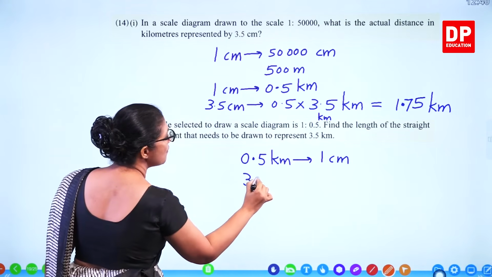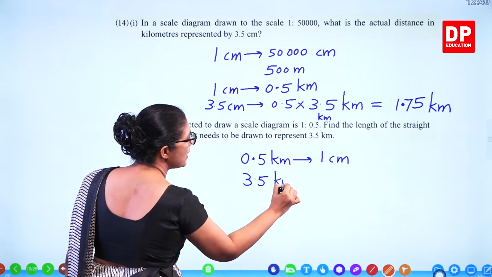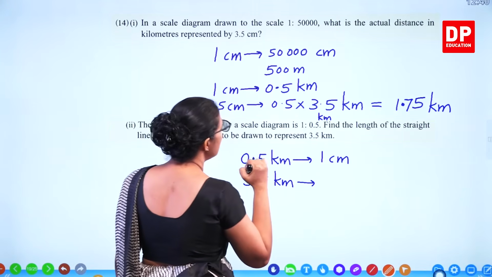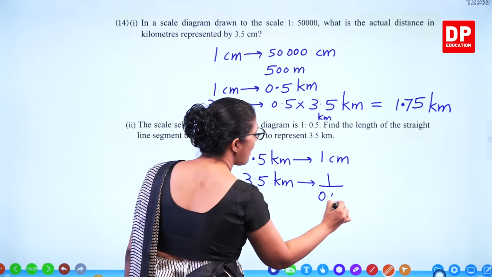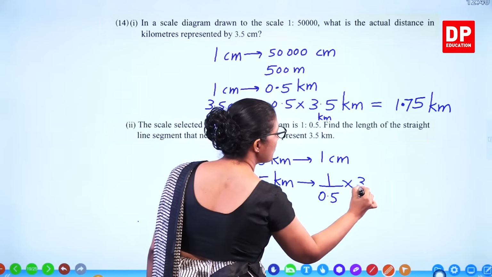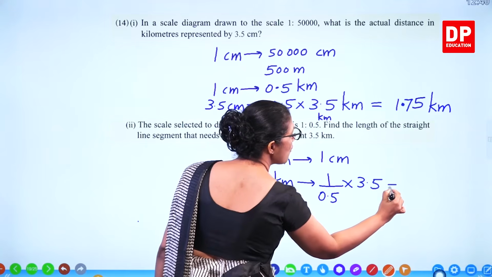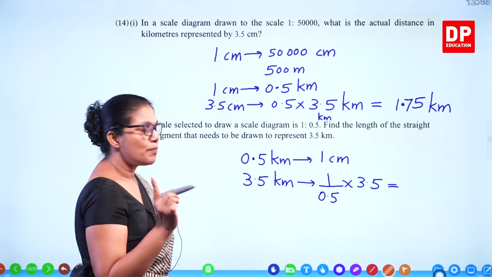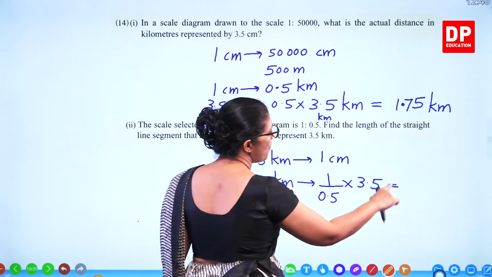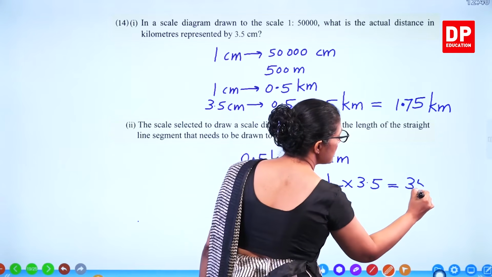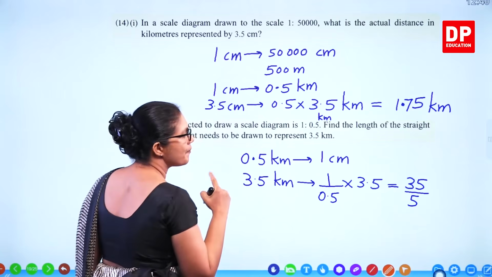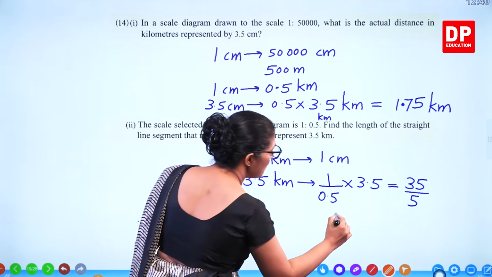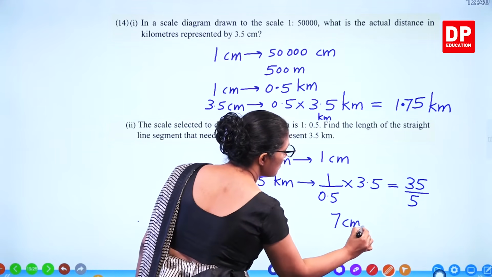They are asking if this is 3.5 kilometers, what's the map length? 1 divided by 0.5 into 3.5. So how you divide decimals? You have to multiply by 10. That's 35. Do the same thing for the denominator. That's 5. 35 divided by 5, that's 7 centimeters.